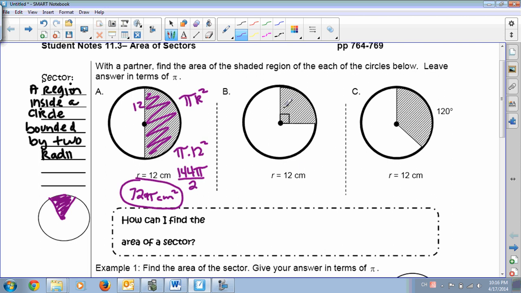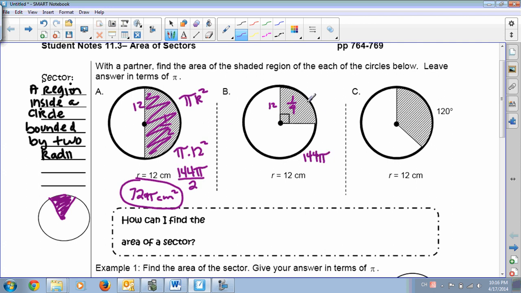Okay. What about this guy? Well, obviously this is a 90-degree angle, and we know that an entire circle is 360 degrees, and there are 4 right angles in a circle. So this guy right here is 1/4 of the whole circle, like this one over here was 1/2. Again, the radius is 12, so the area is still the same. 144 pi is the area of the whole circle.